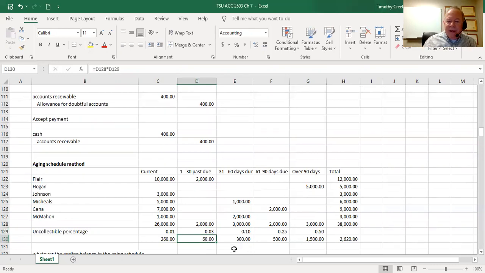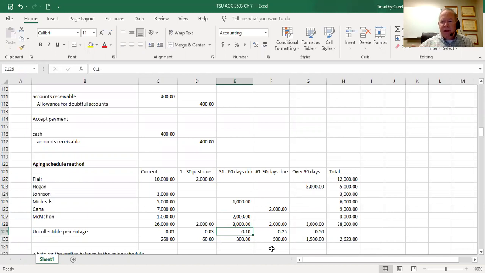Now, one thing you're going to know with the aging schedule, and think about this from real life and your own personal experiences: the longer that someone owes you money, the less chance you're ever going to collect. So the percentage of uncollectability, notice here for 31 to 60 days, increases to 10%. The longer that something's past due, the less chance you're ever going to collect.